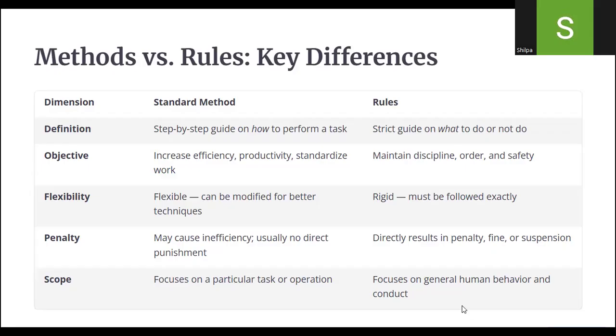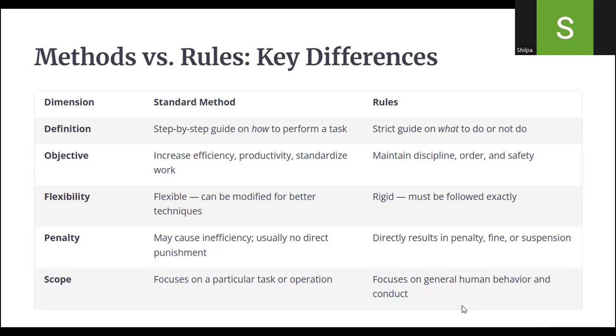Now, what do you think? Is this going to cause any kind of a penalty to the student? So the answer is maybe no. Whenever the standard methods are not followed in a complete manner, it may not result into punishment. Yes, it may affect efficiency a bit or affect quality a bit, but definitely no punishment will be given for that.